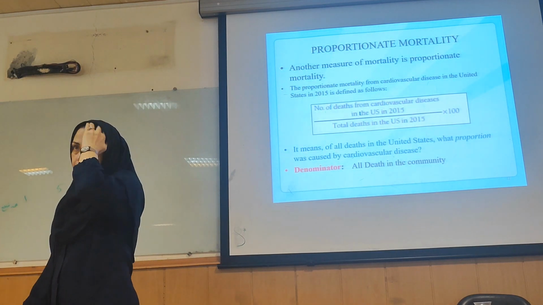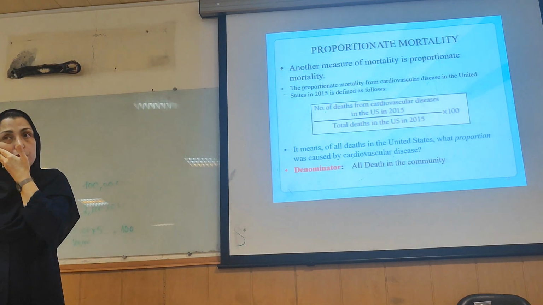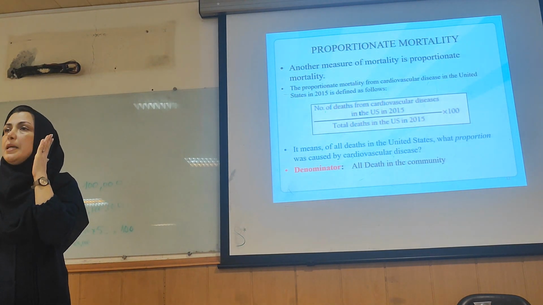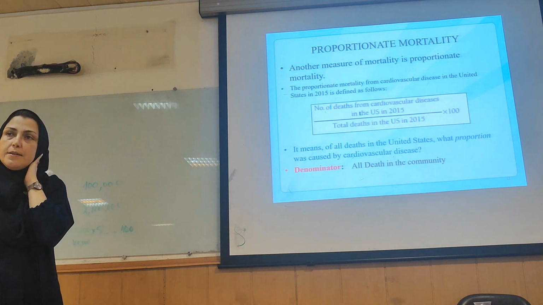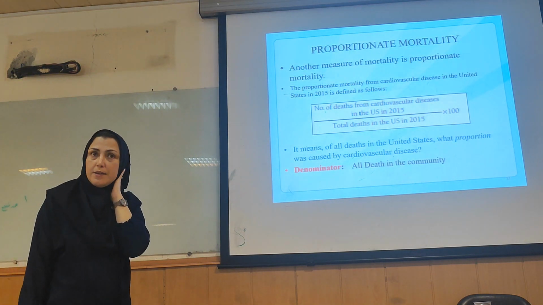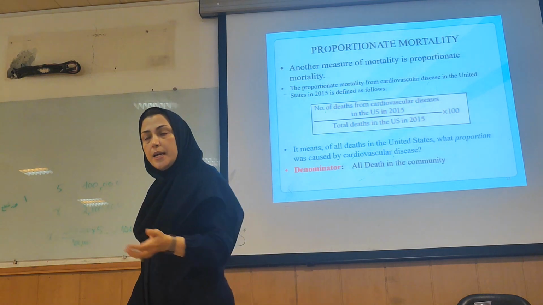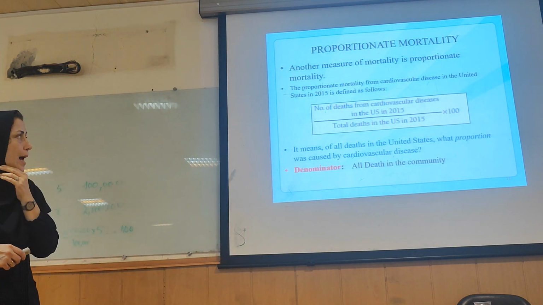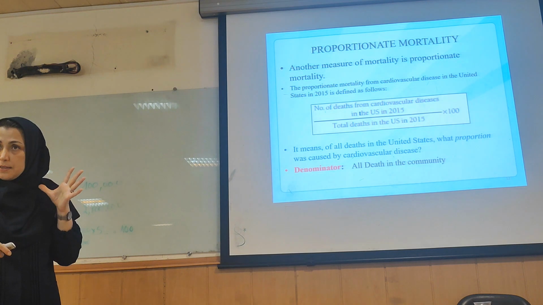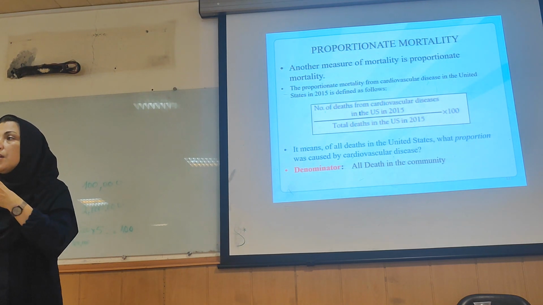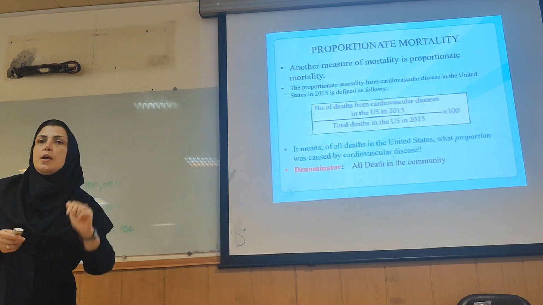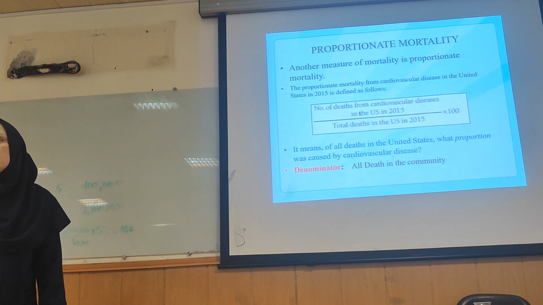How about proportionate mortality? What is this? Proportion. Do you remember the meaning of proportion? In a proportion, the numerator is a subset of the denominator. It means that among all deaths, what percentage is related to, for example, a specific disease?